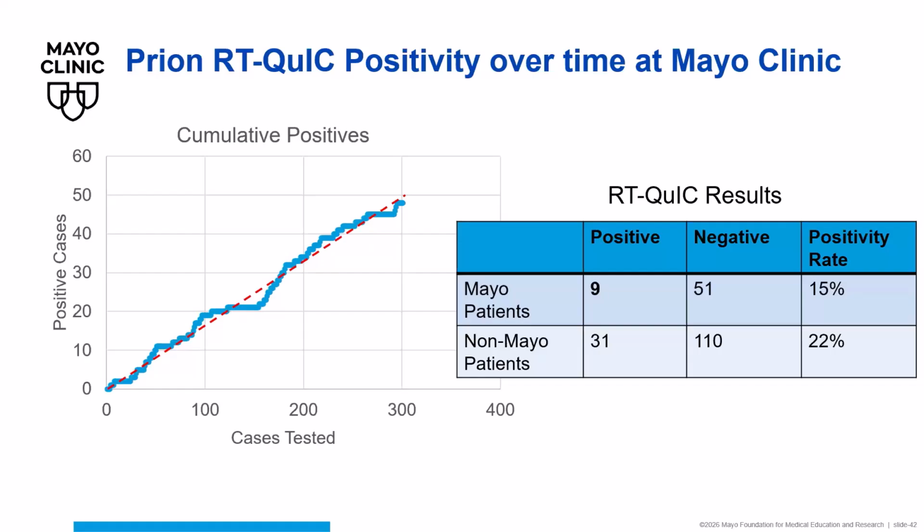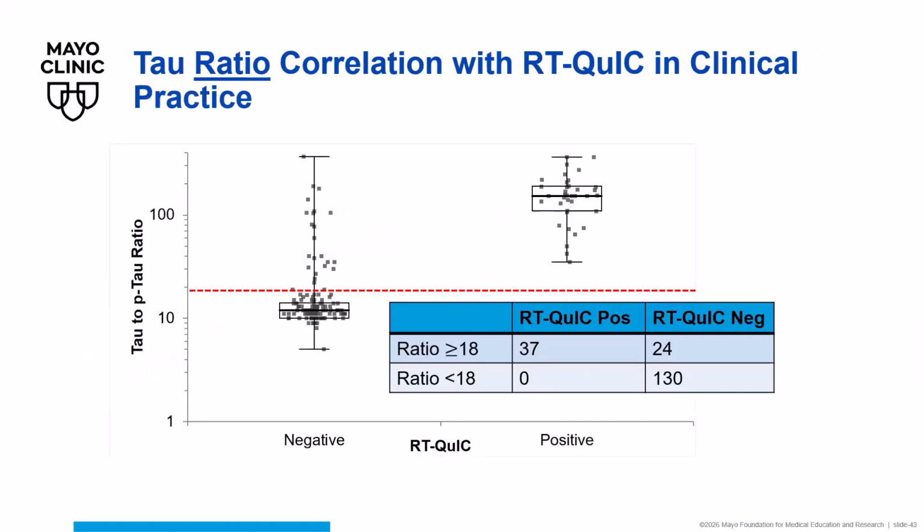As far as we can tell, all positive Mayo patients that we chart reviewed so far have had disease. We have not identified any exceptions, except for one case where RT-QuIC was negative and the patient had CJD, and that was again one of those rare molecular subtypes.